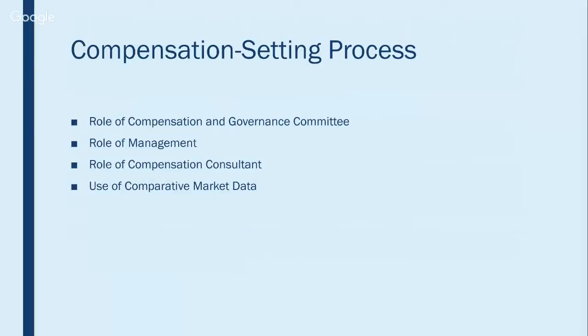Compensation setting process. These are the main components of this process. The role of the compensation and governance committee is to ensure fair executive compensation practices. The committee includes independent directors and consultants who conduct an annual review and approval of Facebook's compensation strategy.